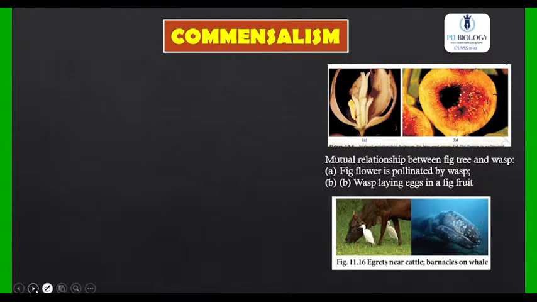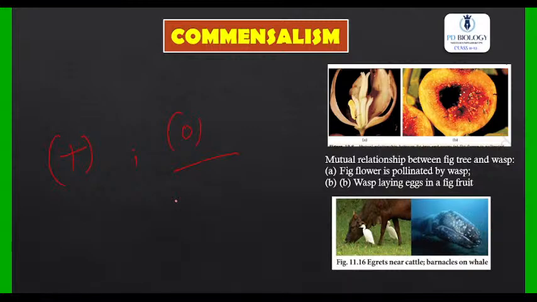Commensalism: it is the relationship between two living individuals of different species in which one is benefited while the other is neither harmed nor benefited.